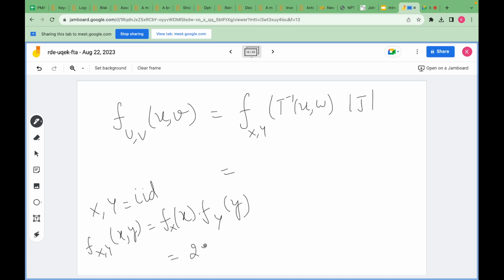So this is 2e to the power minus 2x, this is 2e to the power minus 2y, so this is 4e to the power minus 2(x plus y), right? So you understand till this point, right? That is why this joint probability mass function for x and y is 4e to the power minus 2(x plus y).